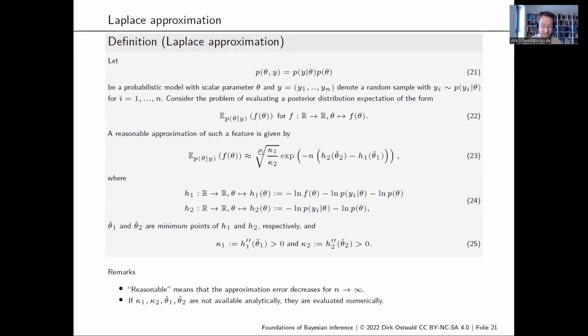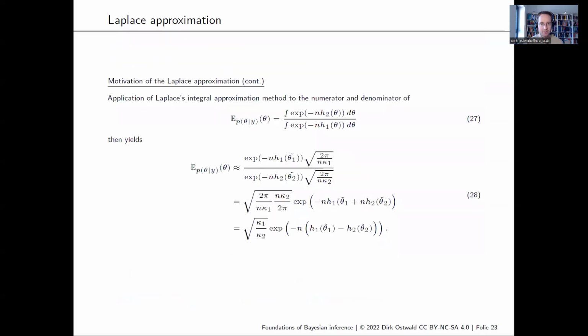The real thing to get the integral is not putting a Gaussian somewhere, but to use these functions and their respective minima and so on. That's Laplace approximation. It's actually not that trivial to motivate and to derive, but in the end, it's an analytical formula to approximate an integral. That's in the end what it is.